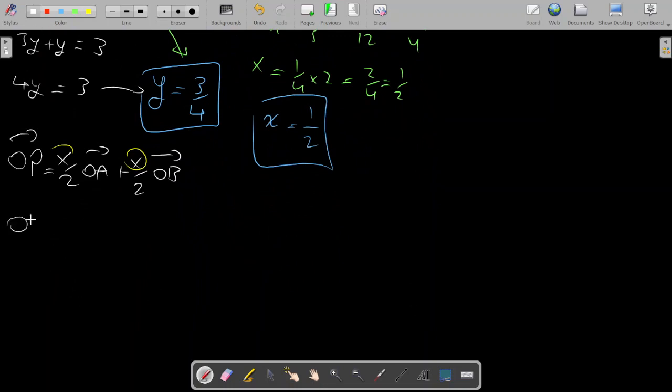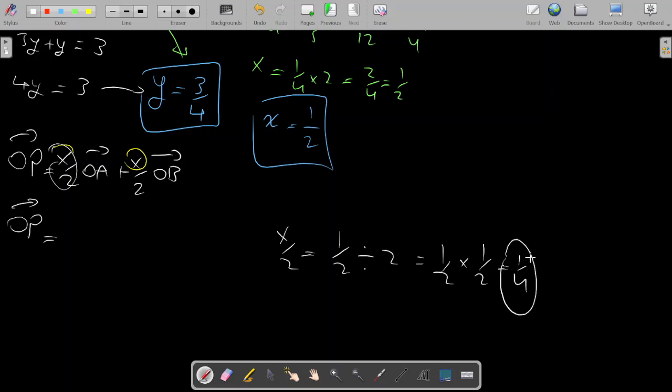So the OP vector is equal to what? x is equal to half. So when I describe this, it's x over 2, so it's half divided by 2, which is equal to half multiplied by the reciprocal of 2, which is a quarter.